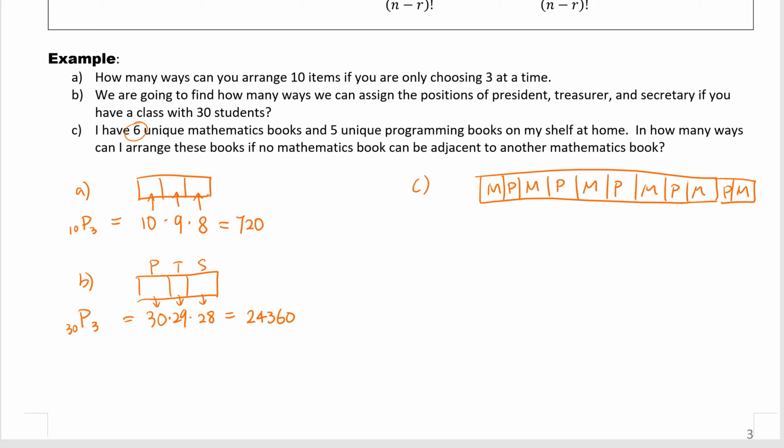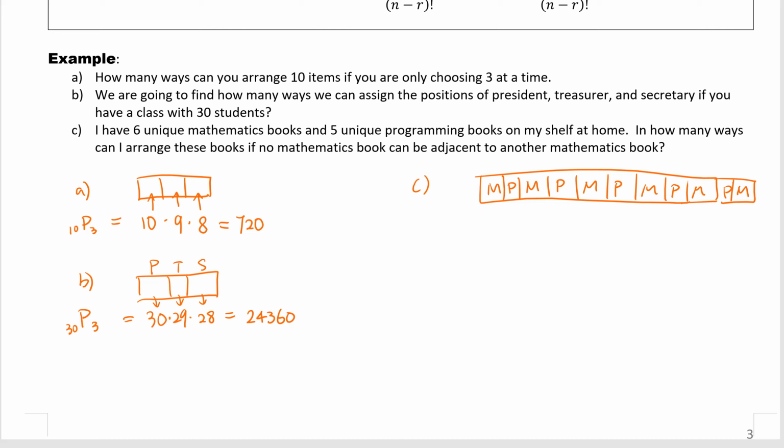Because we have exactly 6 math books and 5 programming books, this pattern of math and programming is already fixed. If you had 6 math books and 6 programming books, then you might have some variation, maybe 2 programming books together somewhere. But in this case, the arrangement is already fixed.